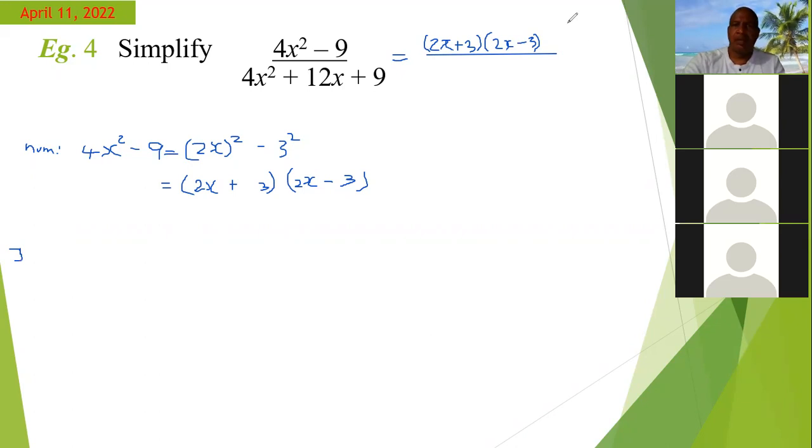4x squared plus 12x plus 9. So I use the AC method for this one. All right, so the denominator.